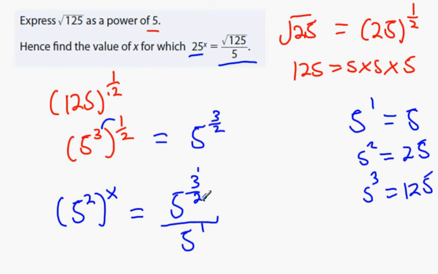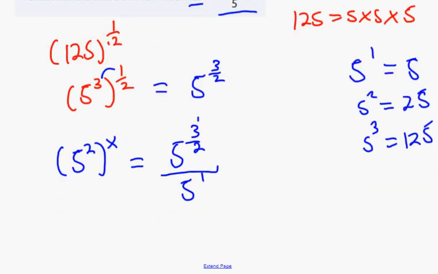There's a rule. What's the rule for when you're dividing? You take them away. So it's going to be 5 to the power of 3 over 2 minus 1. What's 3 over 2 minus 1? A half. So it's going to be 5 to the power of a half.